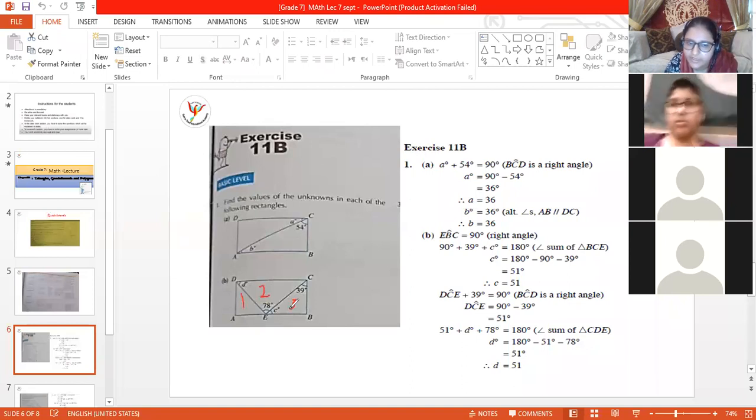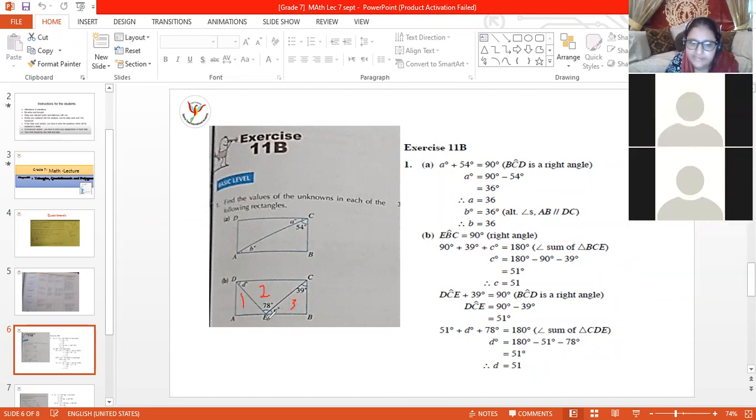This triangle is of none of our use. If we look at E, C, and B, there is one unknown, which is C degree, and we know that in a rectangle all four angles are equal to 90 degrees. So B degree is 90 degree, C degree is 39 degree, and this C is unknown.